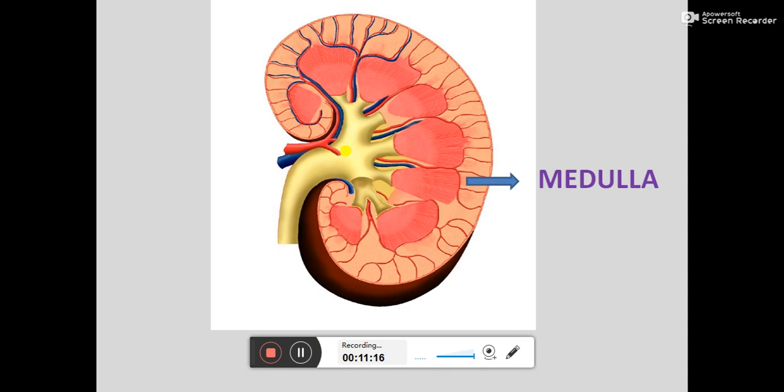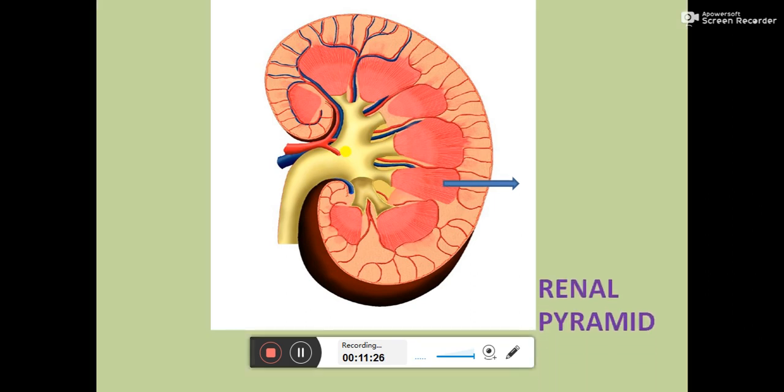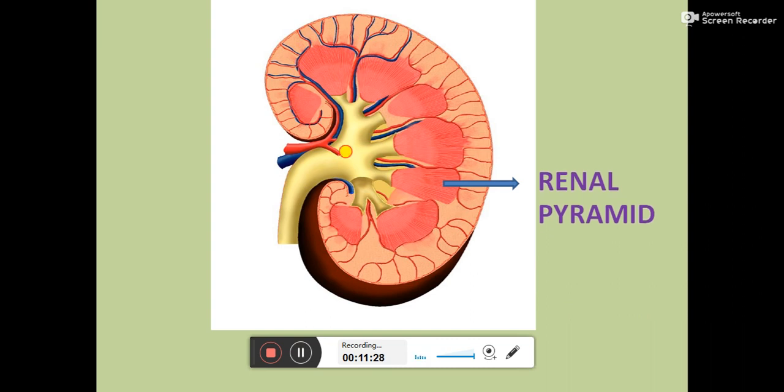Medulla. The inner side of the kidney is called the medulla. And now we can see in the picture the renal pyramid. The medulla is composed of connective tissues and blood vessels.